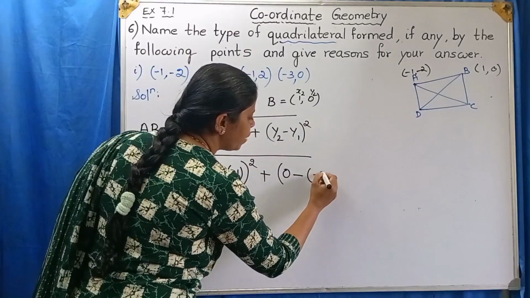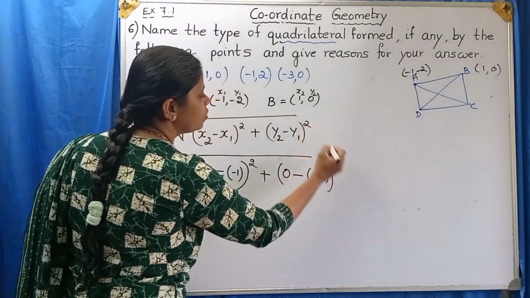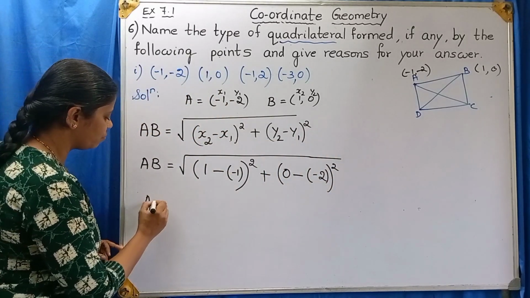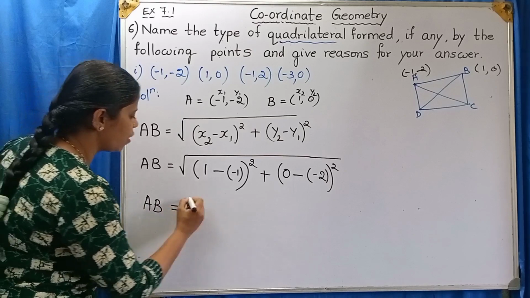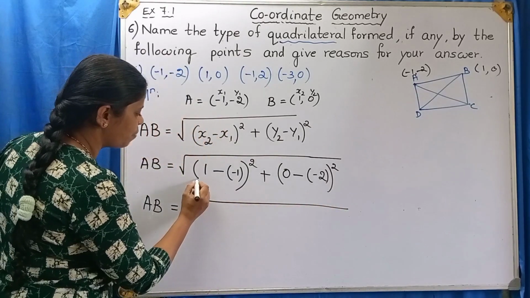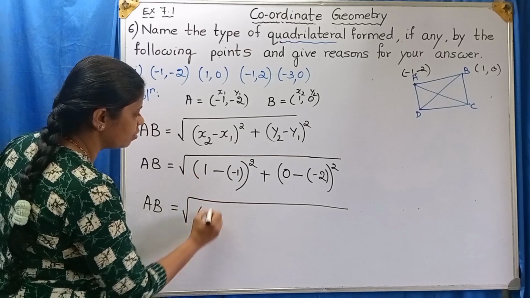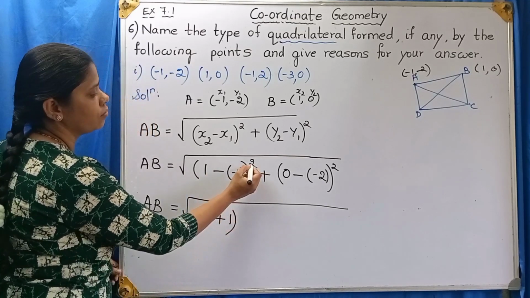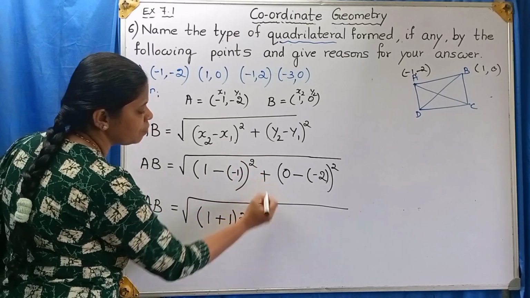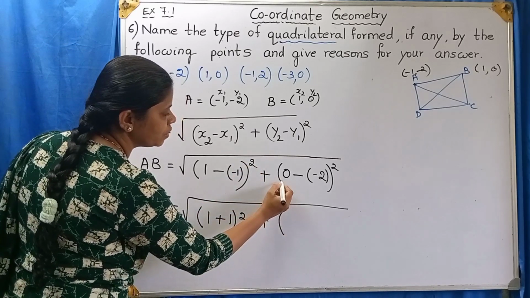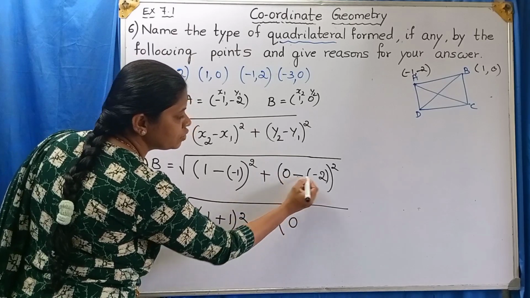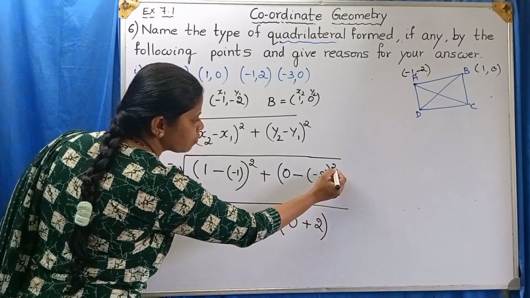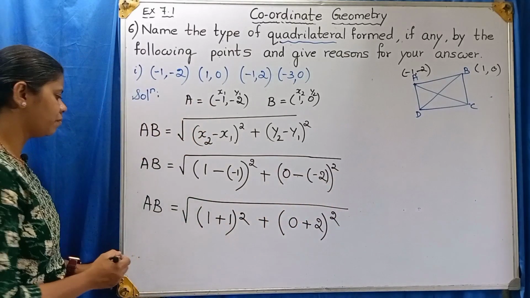Let me take this in the bracket, then square. AB is equal to square root of bracket open 1 minus into minus is plus 1, square, plus bracket open 0 minus into minus is plus 2, bracket close, square.